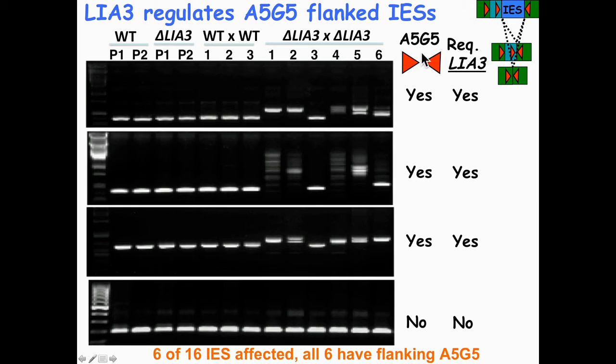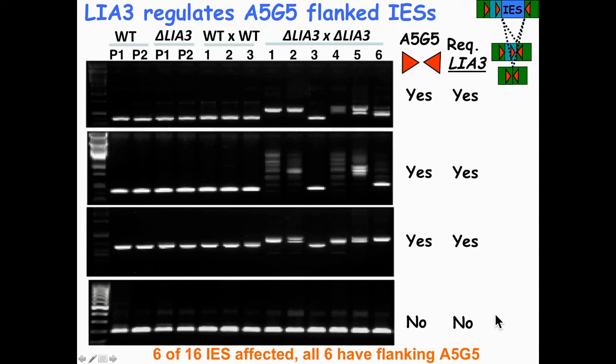This was true for all the IESs that had flanking A5G5 sequences in Lia3 mutants, but those that were not affected didn't have these controlling sequences. So it appeared that Lia3 was specifically regulating the precise elimination of the class of IESs that are flanked by these A5G5 controlling sequences.